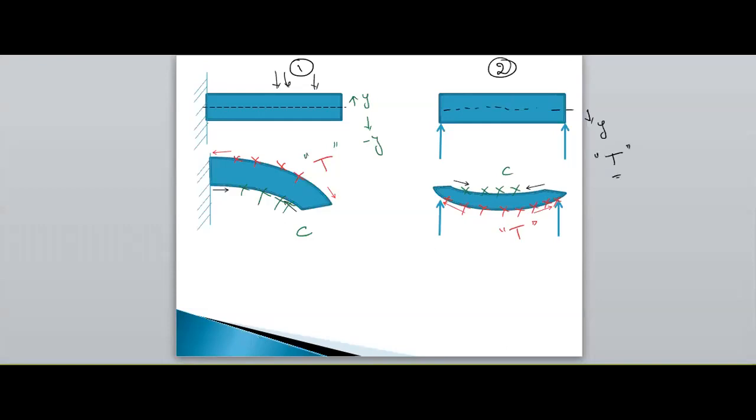If I move y upwards from the neutral axis, I need to consider compression. A negative stress will be developed on the topmost layer. The bending stress will be negative because it is compressive, and a positive bending stress will be seen in the bottommost layers.